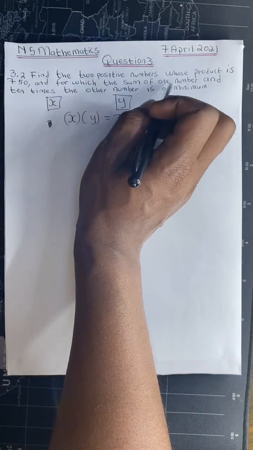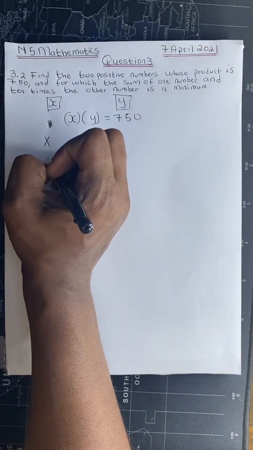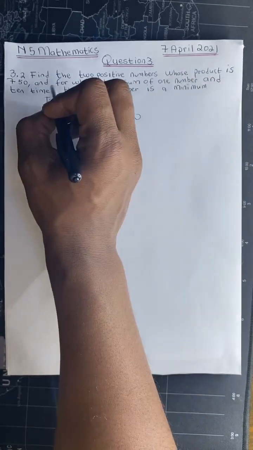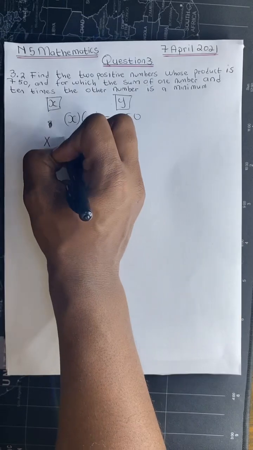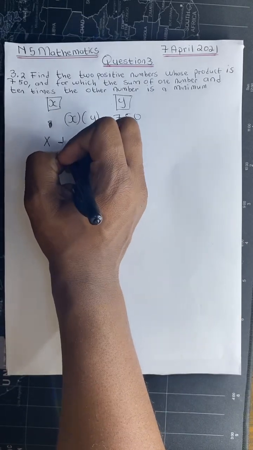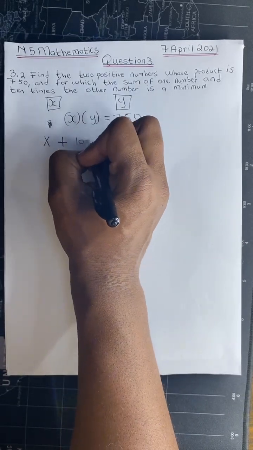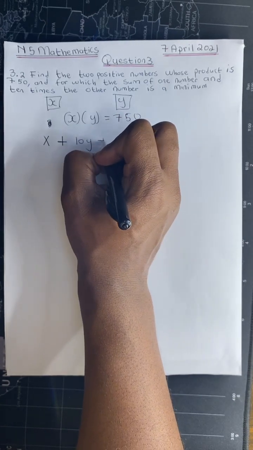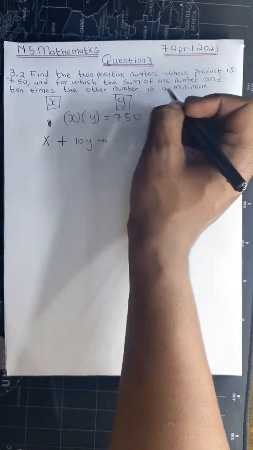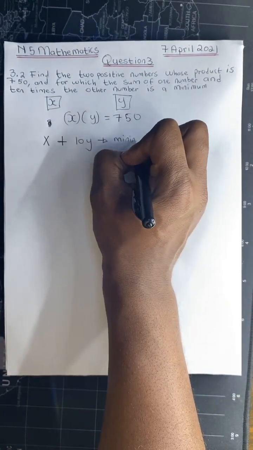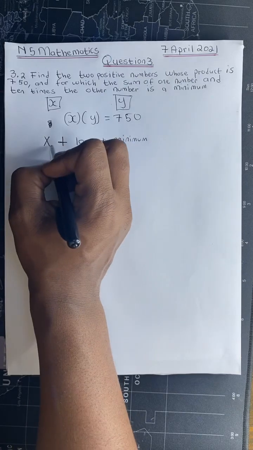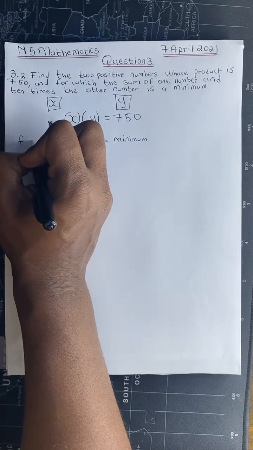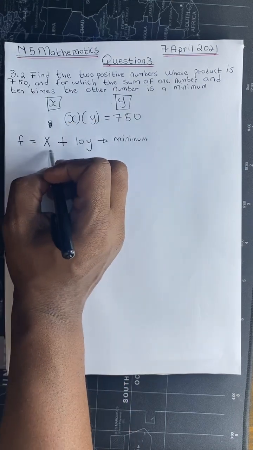And for which the sum of one number, let that number be x, and 10 times the other number, which is y, is a minimum. When they talk about sum, they talk about addition. So let's choose function f is equal to x plus 10y.